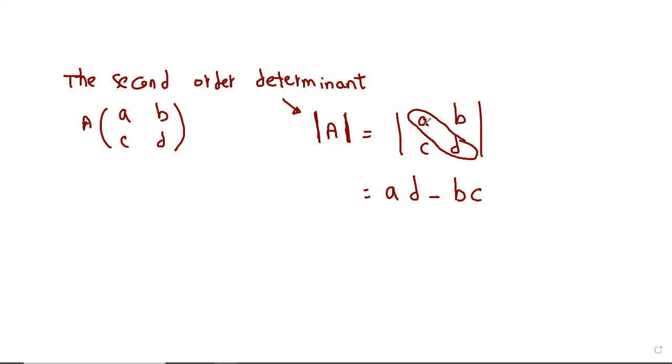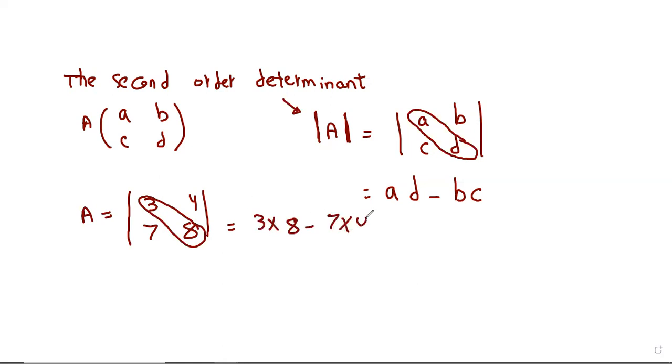It's the product of the principal diagonal, A times D minus B times C. So I want to get the value of this determinant, 3, 4, 7, 8. So multiply 3 times 8, the main diagonal, 3 times 8 minus 7 times 4. That is the value of the determinant. 3 times 8 is 24 minus 28 equals negative 4.